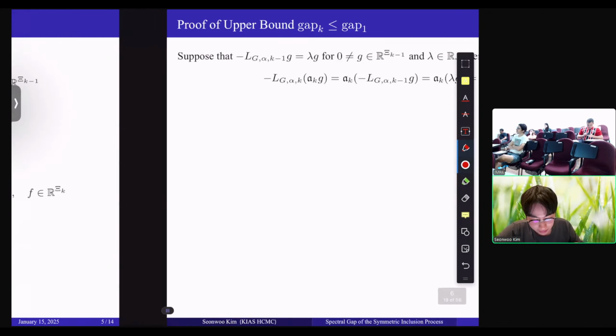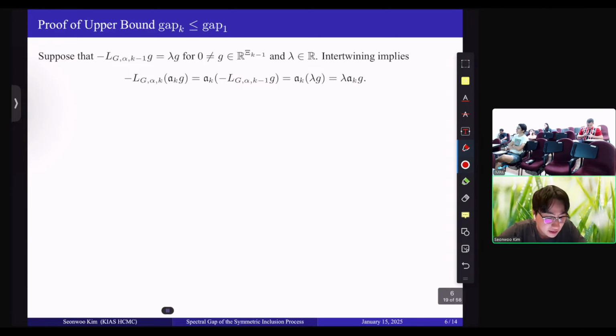Using this, first we can easily prove the upper bound. The upper bound is just proving that gap k is bounded by gap 1. Suppose that we have this eigenvalue-eigenfunction equality for the k-1 space, such that lambda is the eigenvalue and g is the eigenfunction in the k-1 space, so g is not 0.